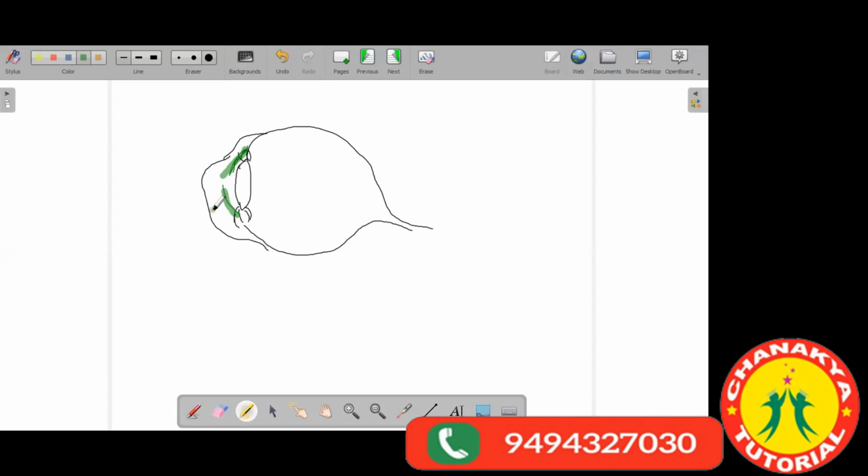Can anyone tell the function of the pupil? Yes, it controls the amount of light entering our eye.